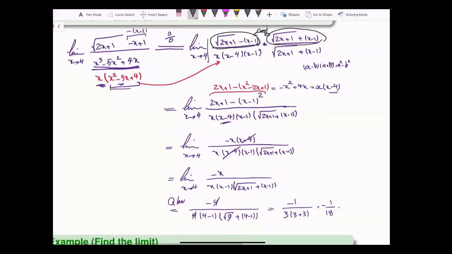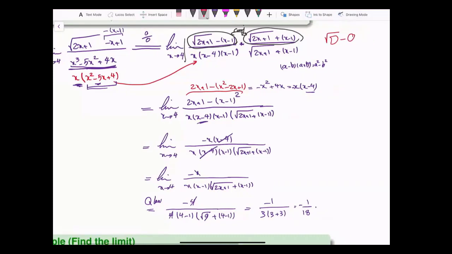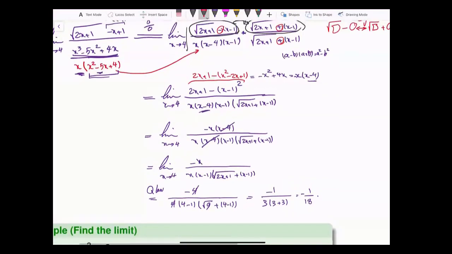Yes. The conjugate is that when you have root of some expression minus some other, the conjugate would be root of that plus the other. Okay, got you. So here we had minus, we turned it to plus and then divided by the same thing so that we don't change it. Okay, now it's clear. Thank you. Okay, perfect.